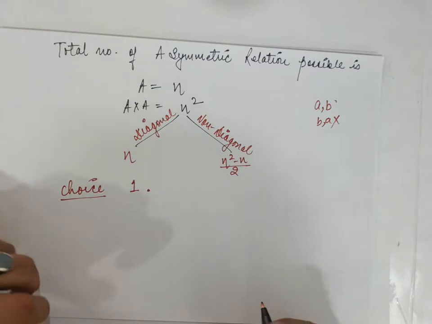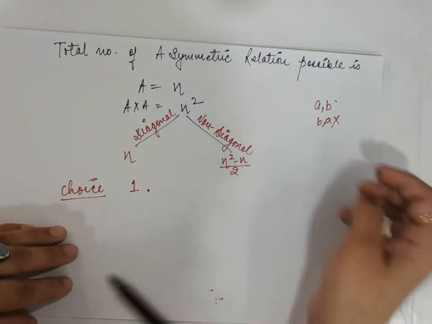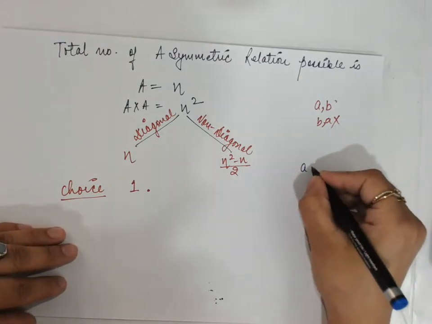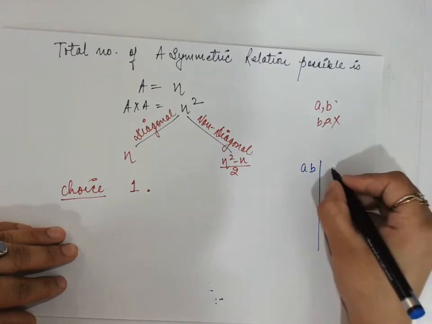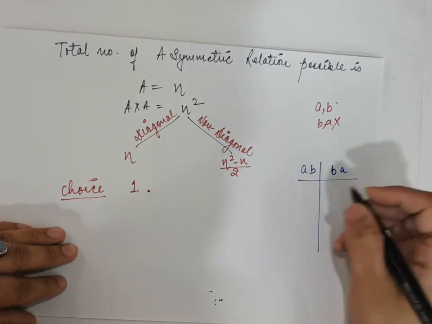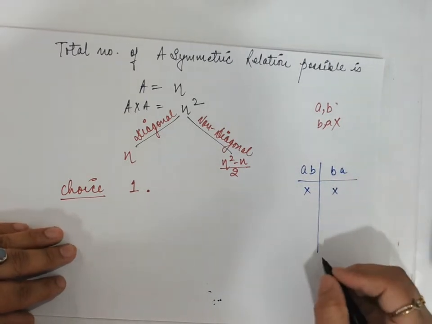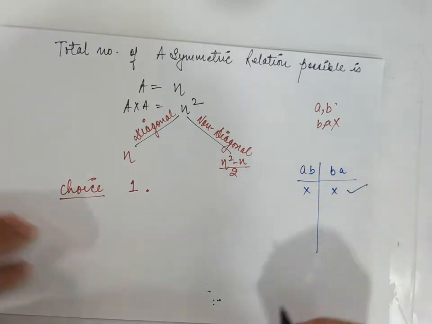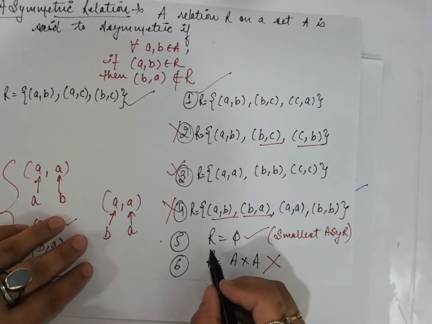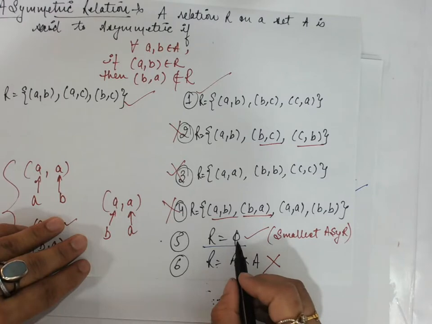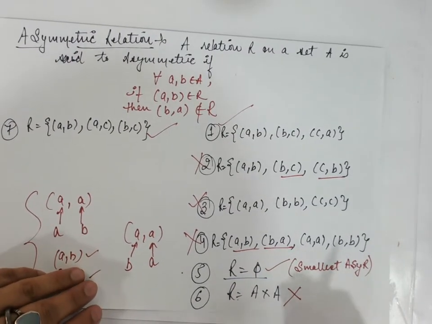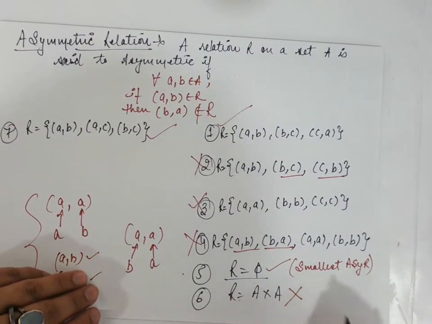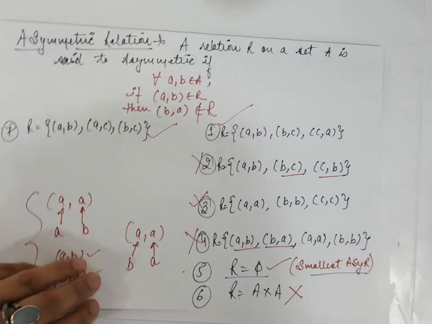And for non-diagonal parts, AB, BA, if both are not present in a relation, no problem. Here we have already seen that if R is equal to empty, if none of the elements is present in a given relation, that relation would be an asymmetric relation.